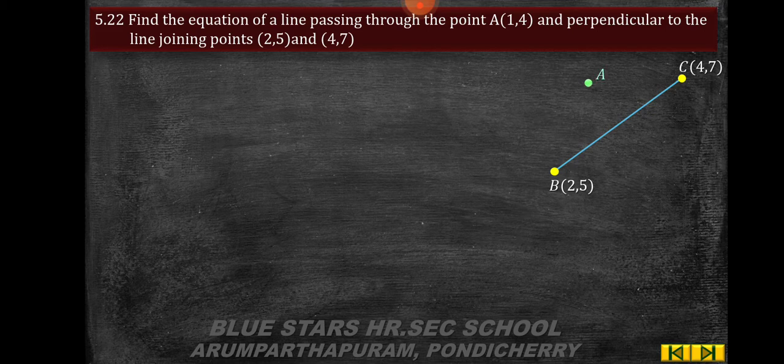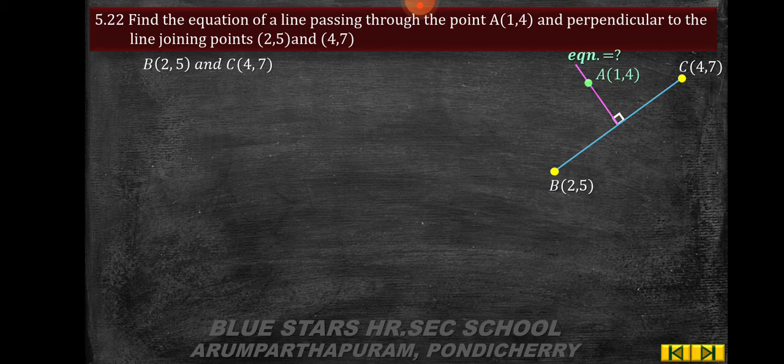Then there is another point A(1, 4) which is perpendicular to the line joining the two points. Perpendicular means the angle is 90 degrees. You have to find the equation.